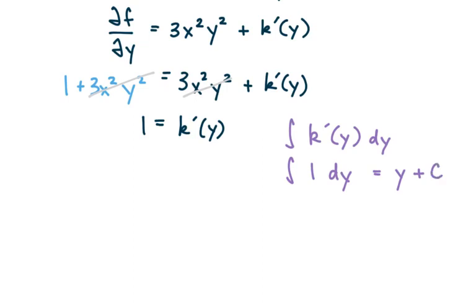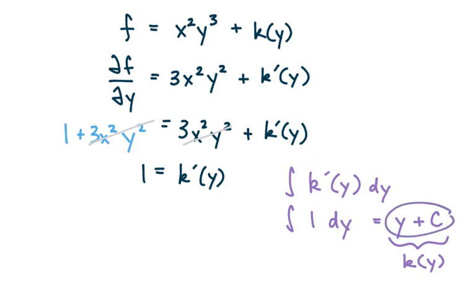And we've already taken care of x, so that means c is just a constant. We already dealt with x up above. So now we know what k of y is equal to. This guy right here is equal to k of y. So this can plug in right up there.